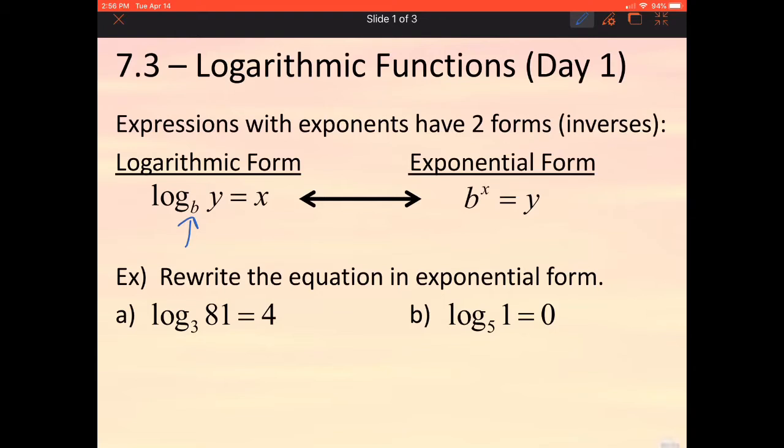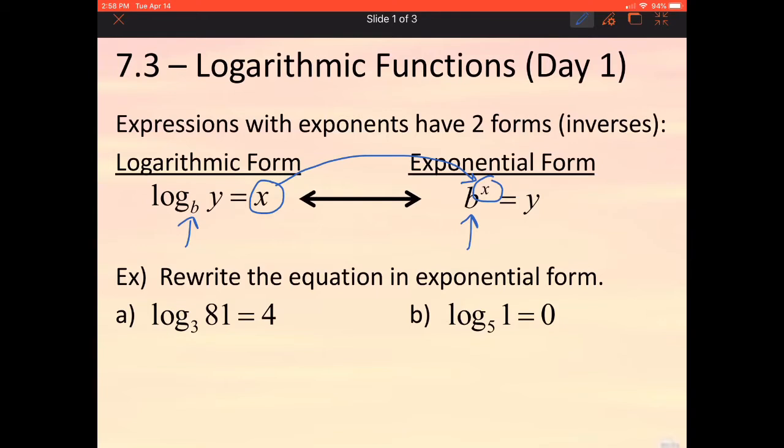When you use those exact same values, the base value of b, the x and the y, and write it in exponential form, our b is our base with an exponent of x equals y. So the base stays the base, and what our log was equal to becomes our exponent.